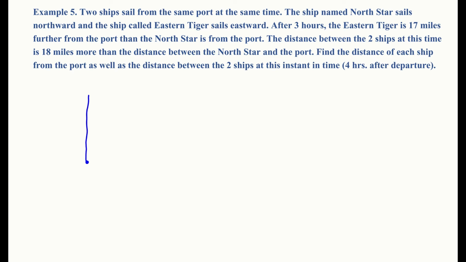And the other one, called the Eastern Tiger, goes eastward. After 3 hours, the Eastern Tiger is 17 miles further from the port than the North Star. So we're going to make this one a little bit longer, right?